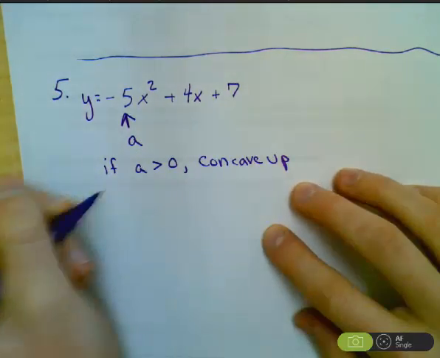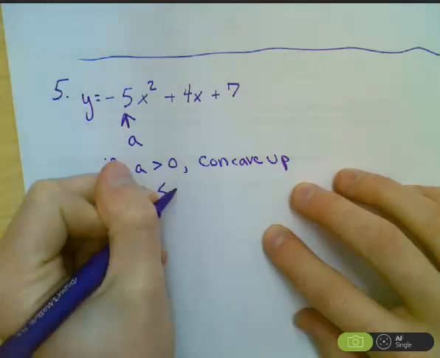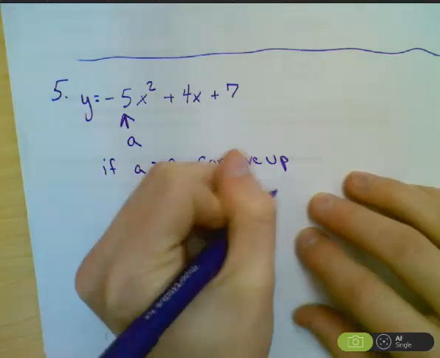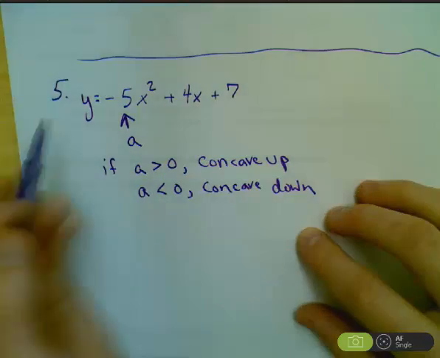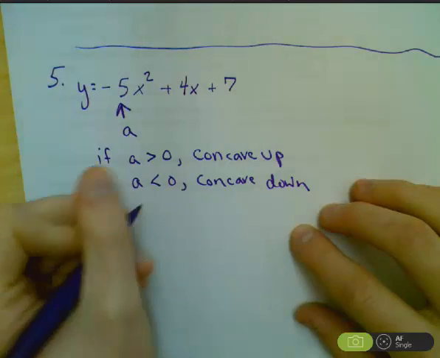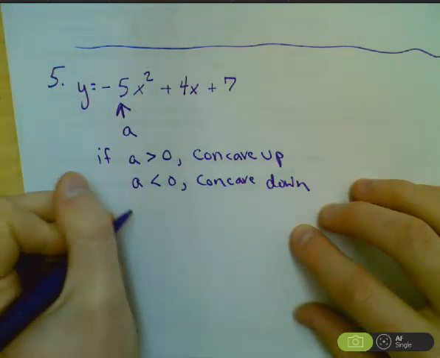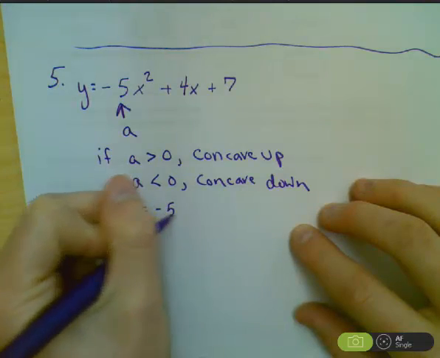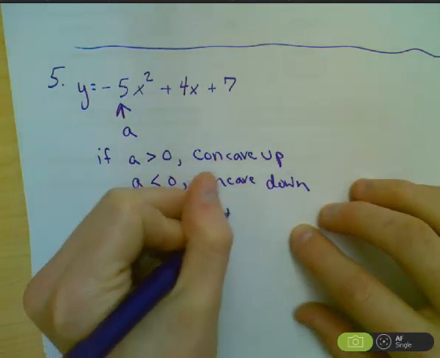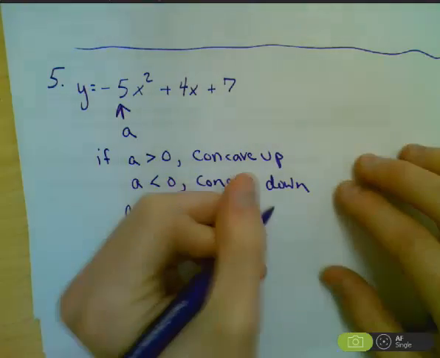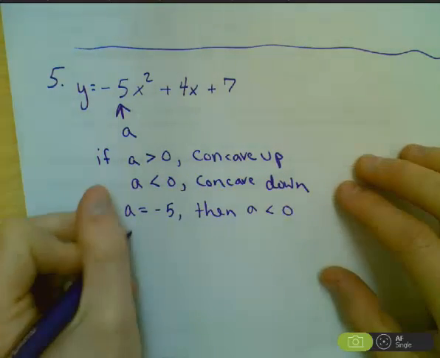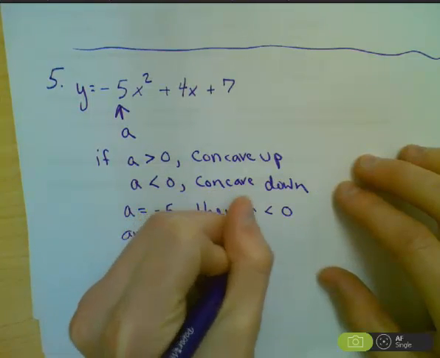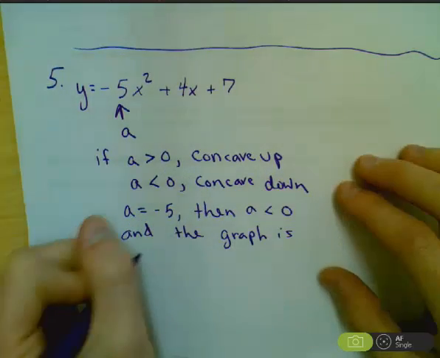If a is less than 0, then we have concave down. Well, in this case, a is negative 5, so a is less than 0, and the graph is concave down.